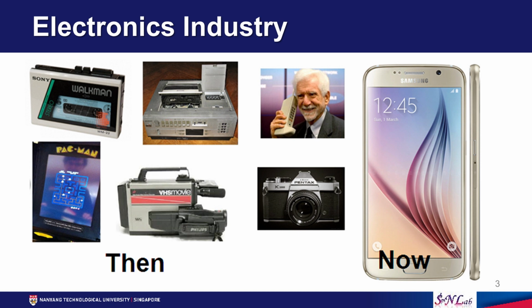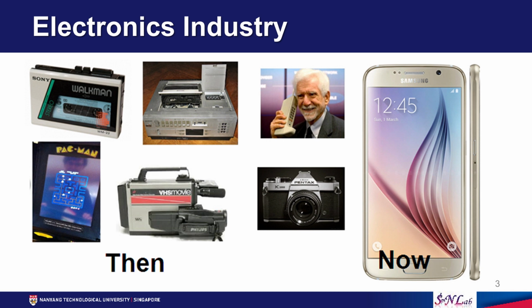On slide 2, I show various devices of the 1990s. When I was a young person, 30 years ago, if I had to listen to music, I needed to carry a Walkman, which is basically a cassette player, and a cassette. If I had to take a photograph, I had to carry a camera with films.